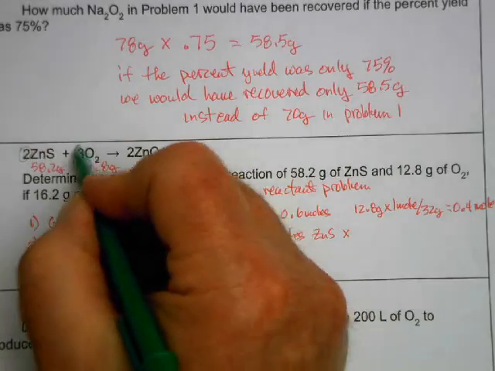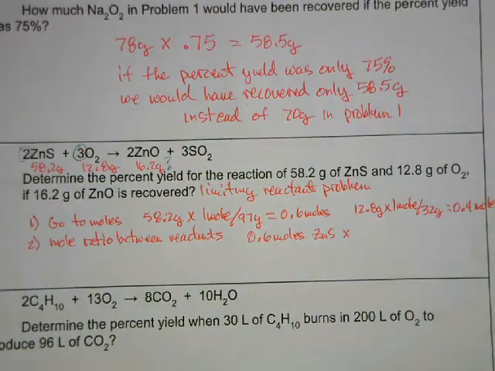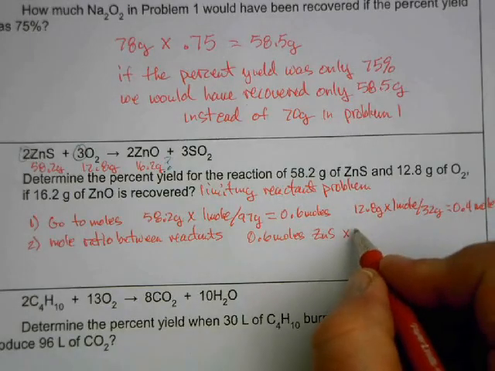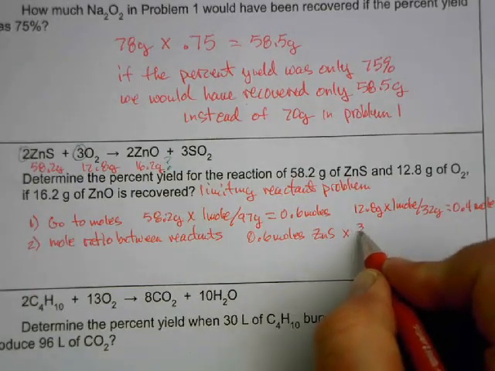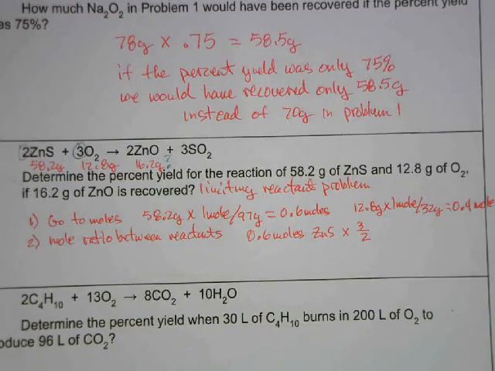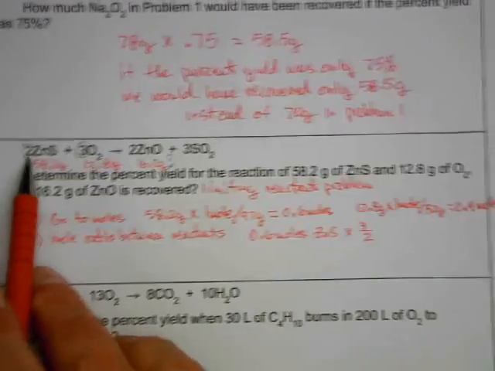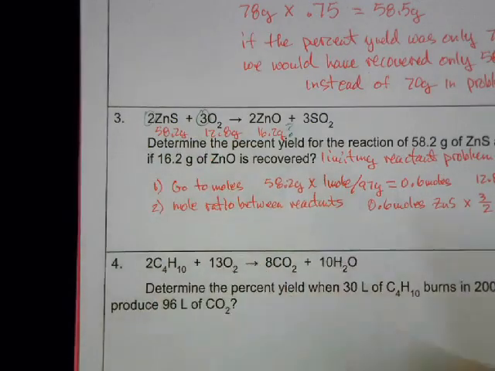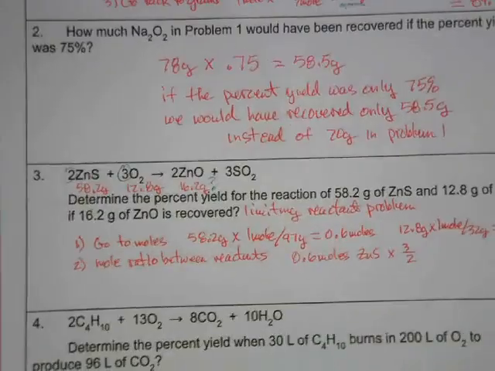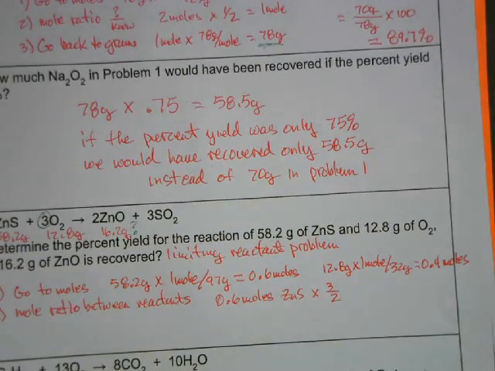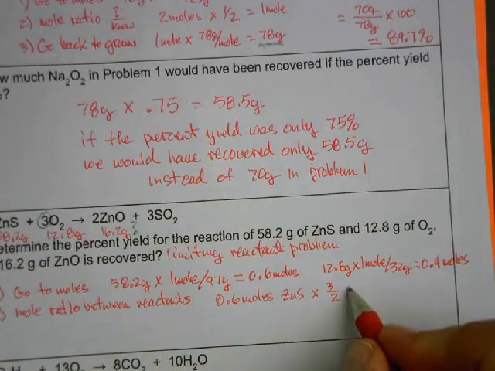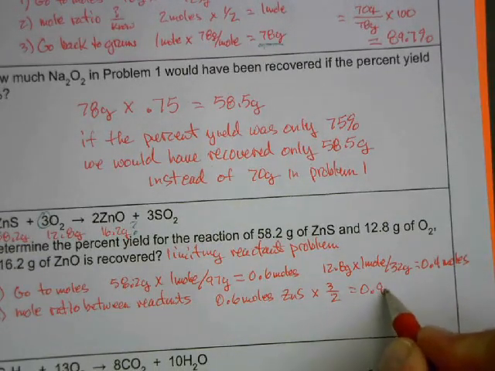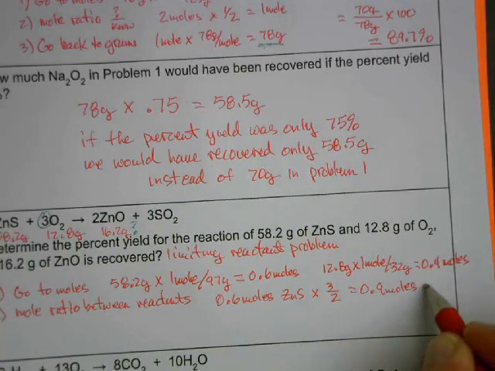I want to look at the oxygen to see how much was needed. And so we're going to have 3/2, because for every 2 moles of this, I need 3 moles of that. So times 3/2, so that would be 0.9 moles of O2 needed.